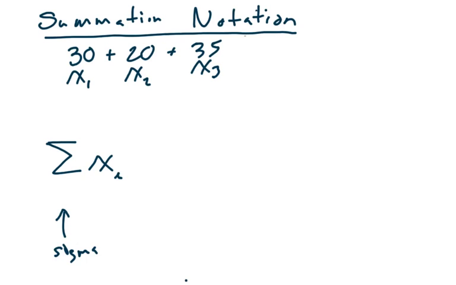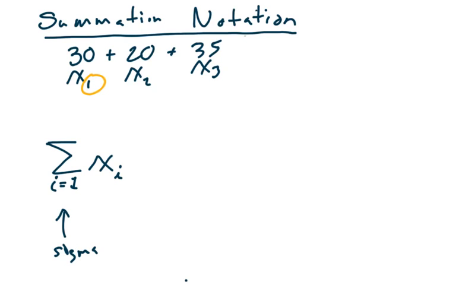So we're going to put the little index here as i. That sub just stands in for whatever index number we're going to have. And then we're going to put that the index starts at 1, right? That's our first number here.